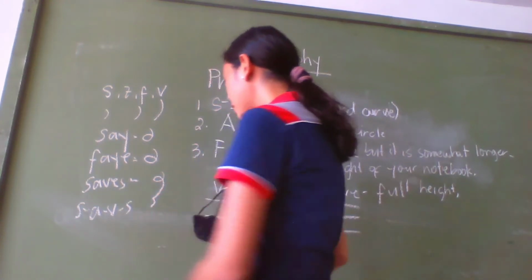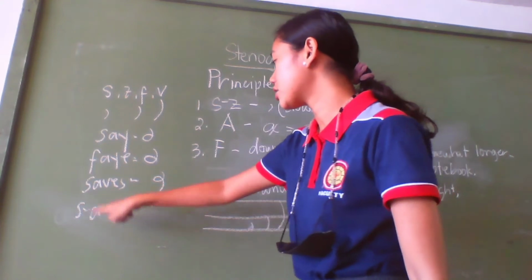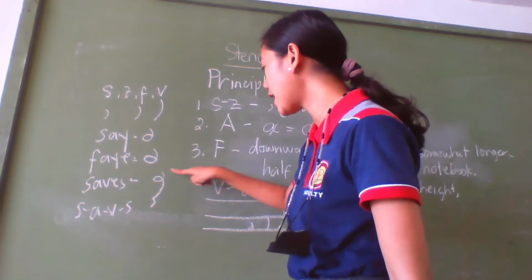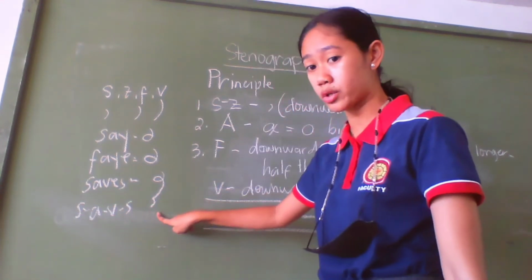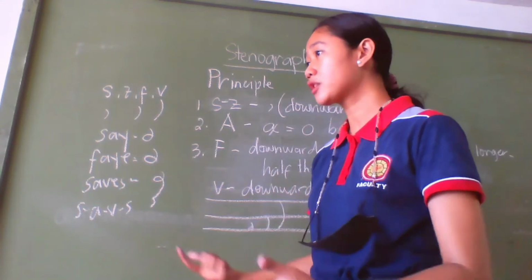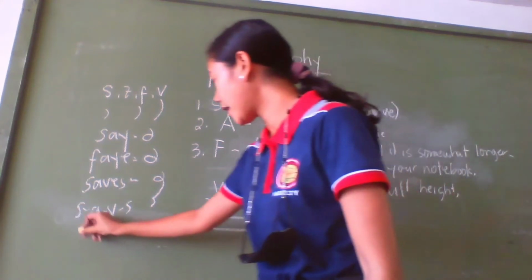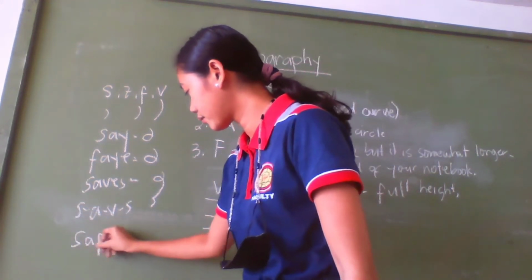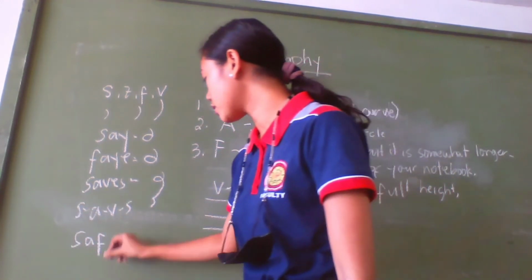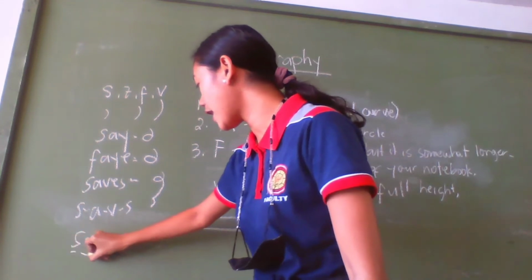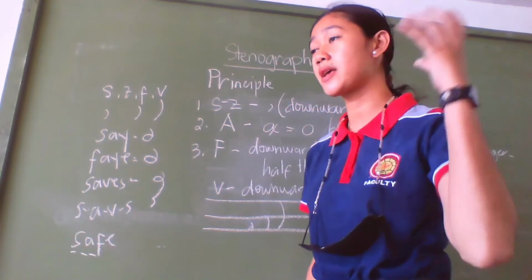Okay? So, kailangan syempre, same sila ng letter S, kailangan same lang din sila ng strokes. Kasi kapag magkaiba ng strokes, iba rin ang pagkakabasa. Like save. Okay. Save is only S-A-F. Kasi yun lang yung maririnig natin.